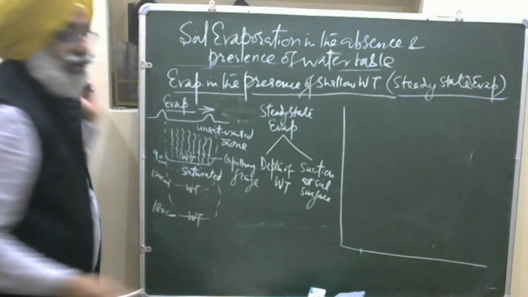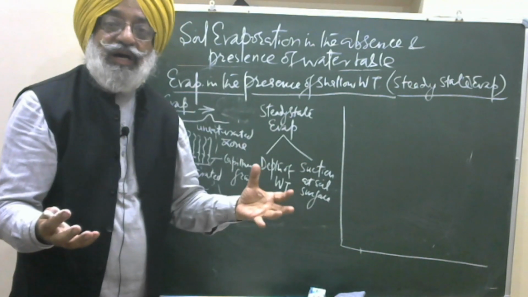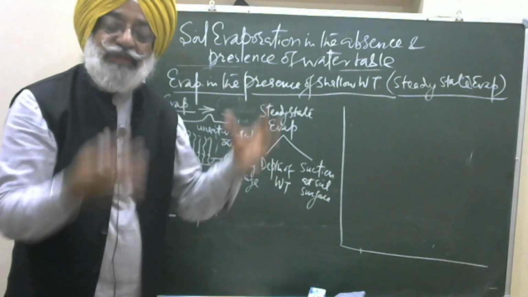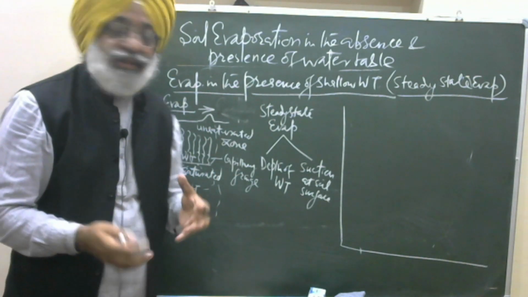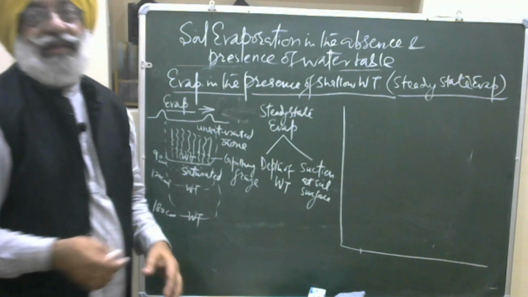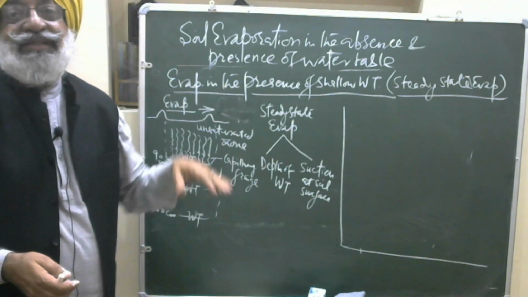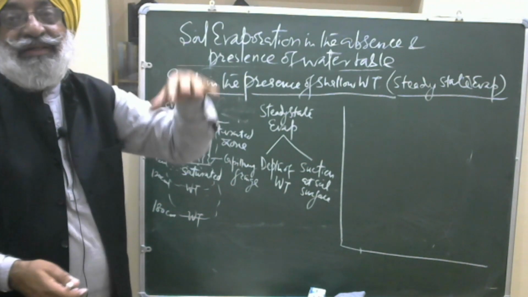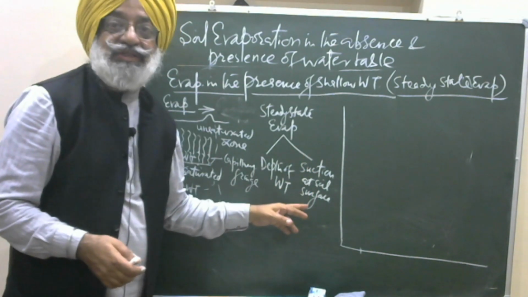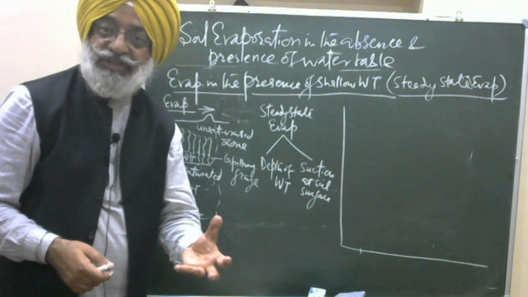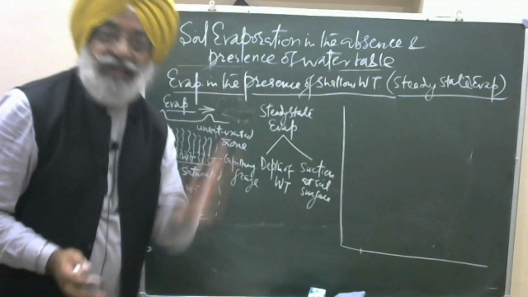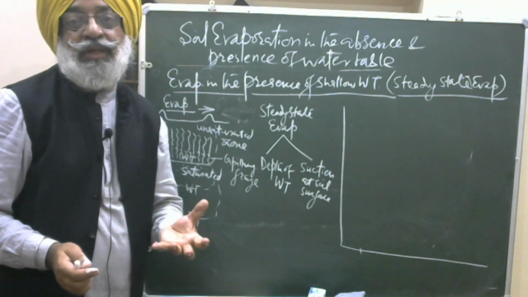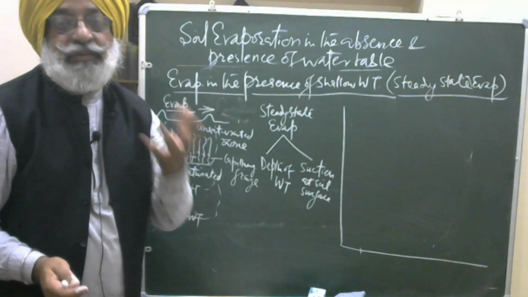If your evaporativity is harsh, atmospheric demand for water is high, then steady state evaporation will be at a higher rate. So suction at the soil surface means, again you can say it is demand of water at the surface of the soil. So then evaporation rate will be high.